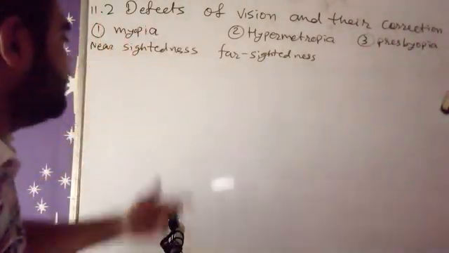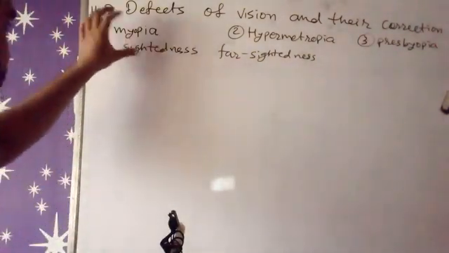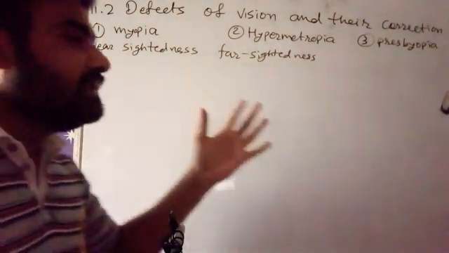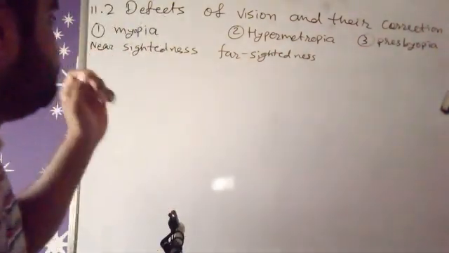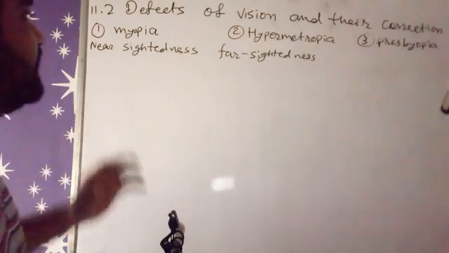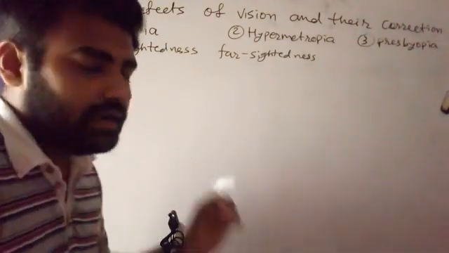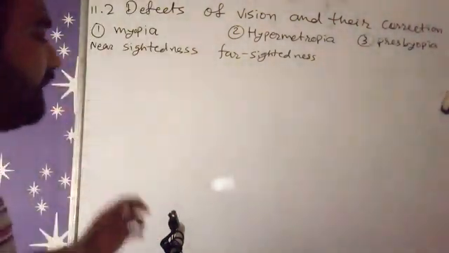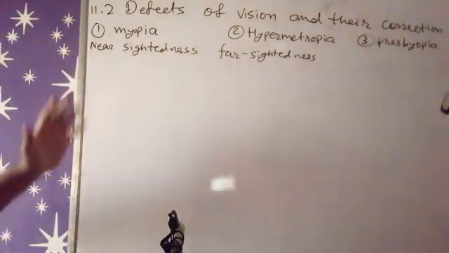First, myopia, or nearsightedness, means this person can only see near objects; they can't see farther objects. So for farther objects they have to wear contact lenses or spectacles. See what happens exactly here.